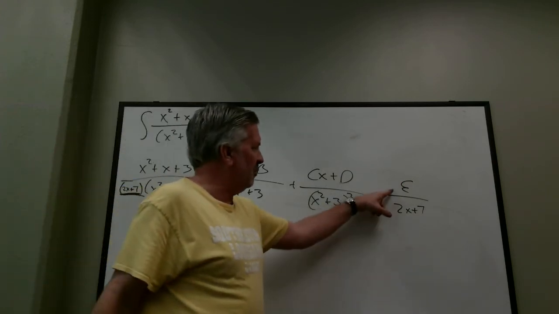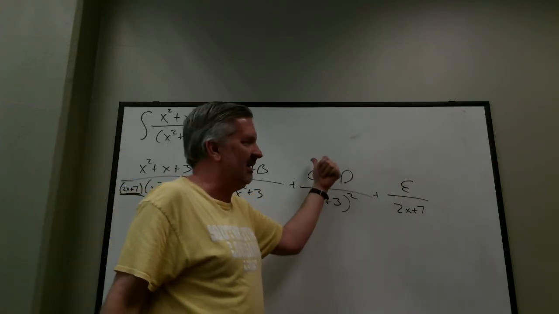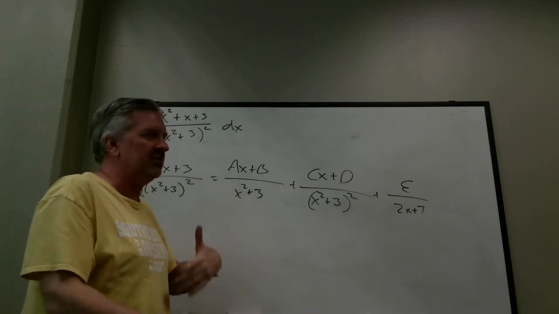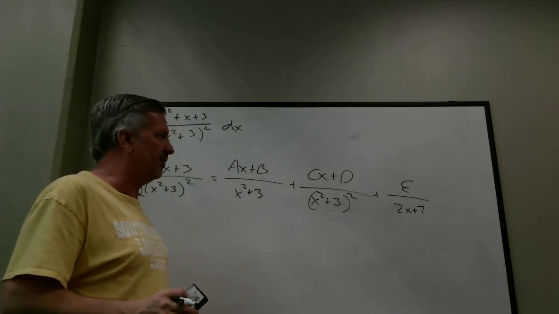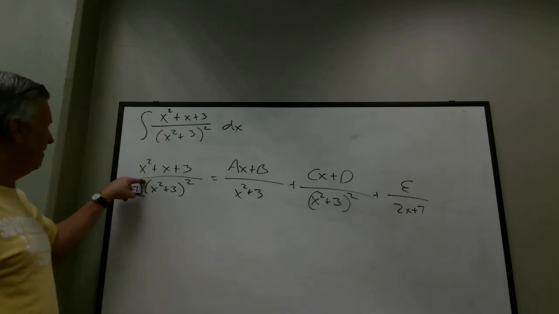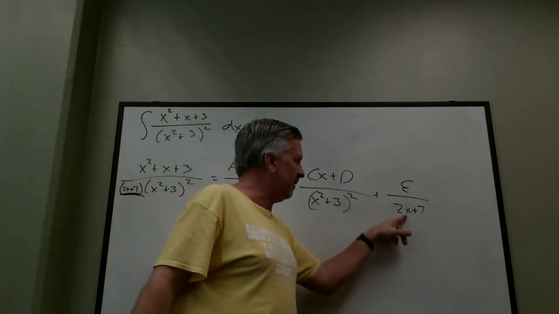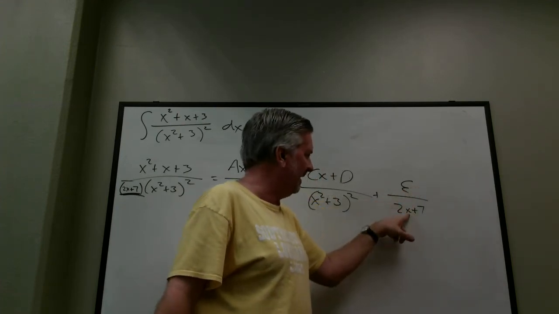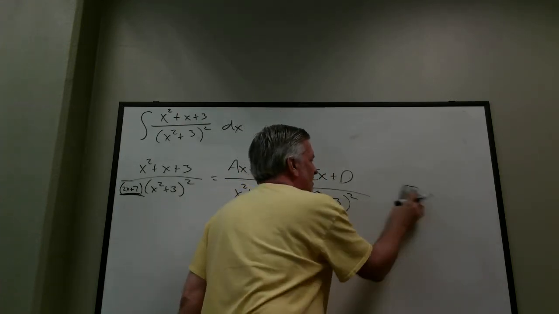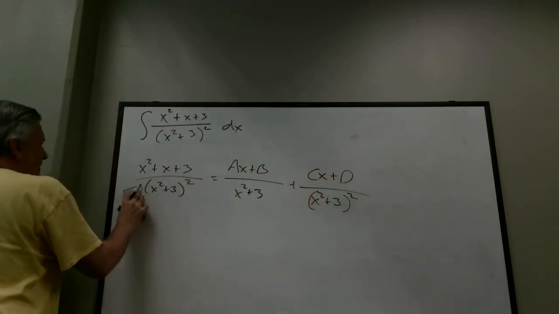That's what I'm getting at. If you put a linear up here like you did here, you're going to have too many variables, and there's going to be an infinite solution when you're trying to solve, and you're going to run into problems. If this had been 2x plus 7 squared, with an f, again, it's a linear to a power, so you have just constants. Okay, let me get rid of that. That's not part of the problem.